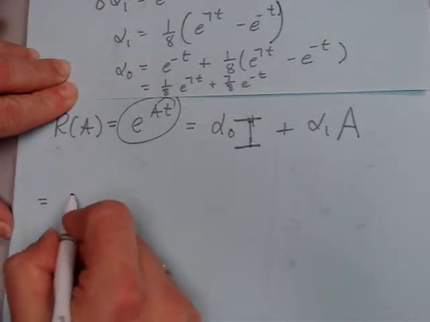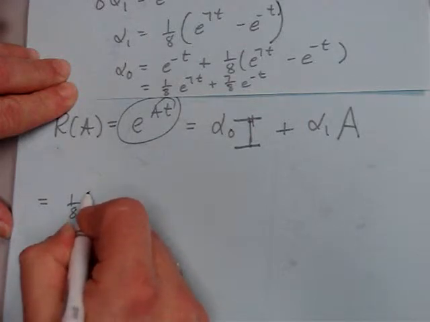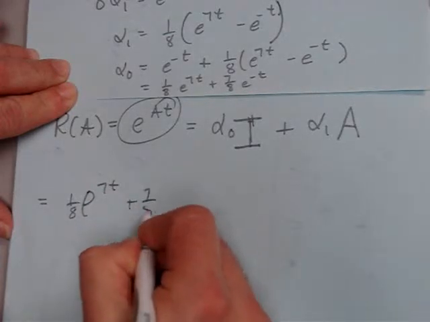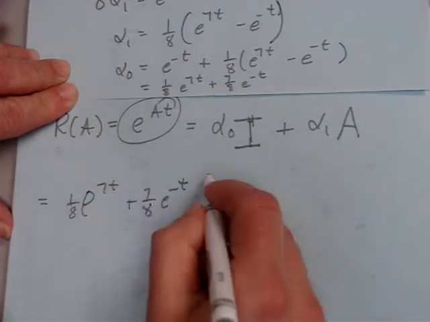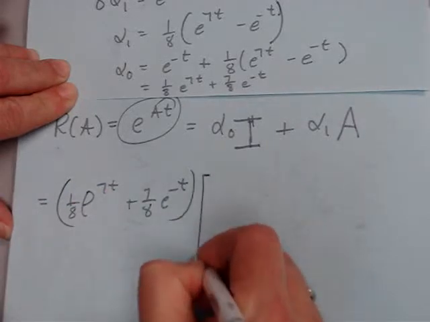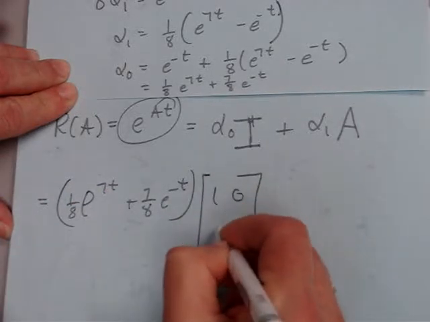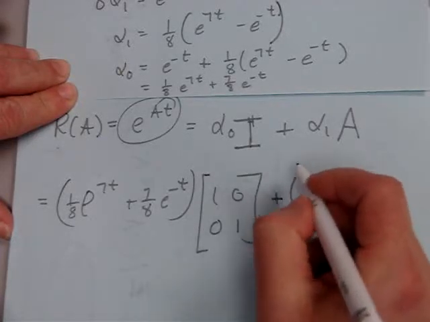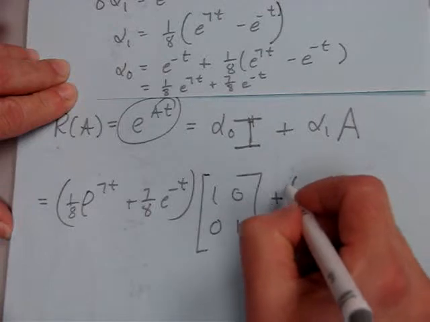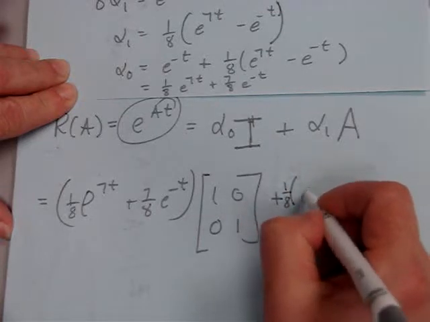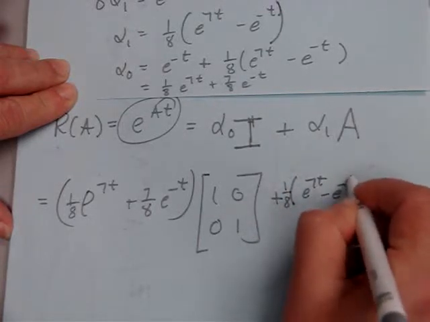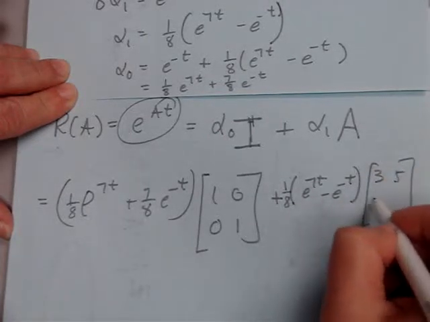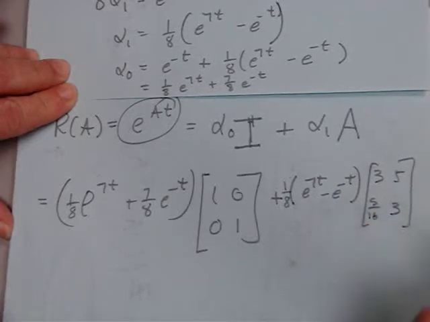Well, I'll take it a little bit further. We'll have 1/8 (e to the 7t plus 7 e to the negative t), this quantity times the identity matrix, and then we add to it alpha 1, which was 1/8 (e to the 7t minus e to the negative t), times A, the original A: 3, 5/16, 3.